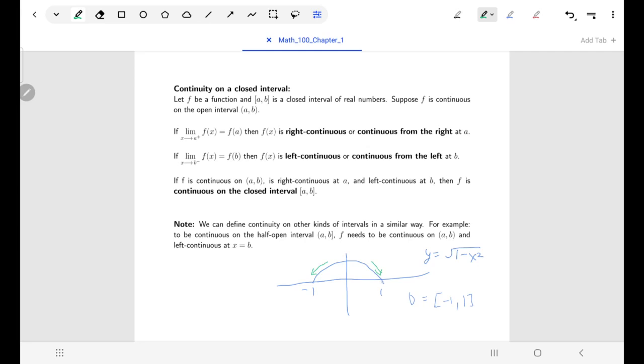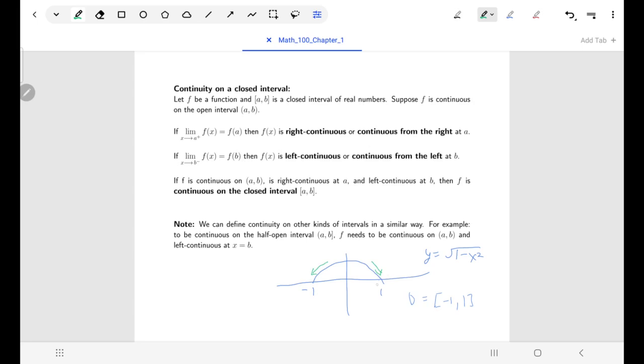Same thing for the point when x is equal to 1. For that one, I can only approach it from the left side, which means I can only approach it using a left-handed limit. For it to be continuous at that far right endpoint, I'd be looking at it being left continuous, because what I get when I approach from the left-hand side is that y value at that endpoint.